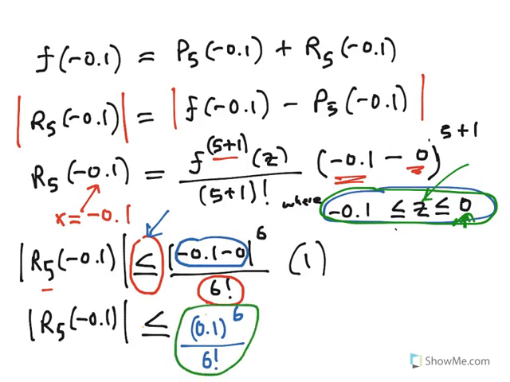This quantity is approximately 0.000000000139. In other words, that's the maximum amount that my approximation for e to the negative 0.1 could be off from the exact value of e to the negative 0.1. In other words, it's really good.